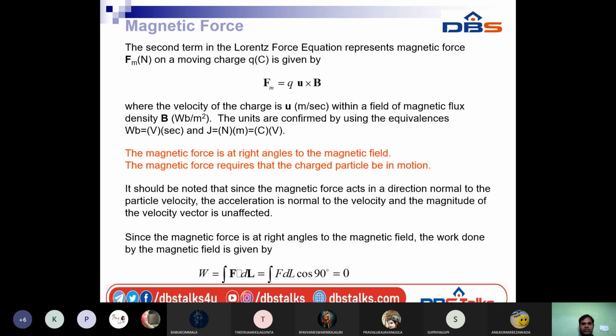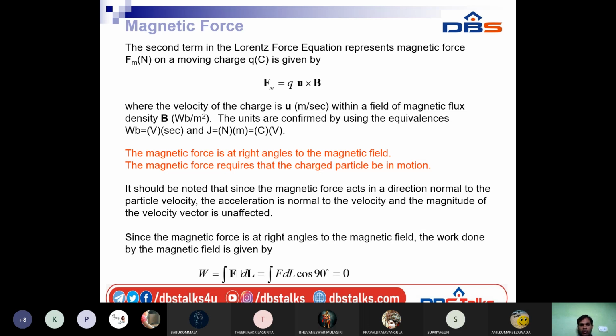The magnetic force requires the charged particle to be in motion. Based on these two conditions, we can say that the magnetic force arises only due to the moving charged particle, that we have to note down here.